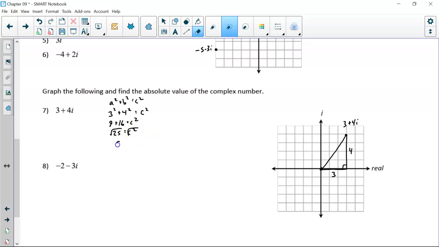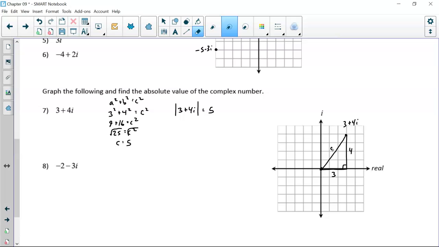Take the square root of both sides, so c equals... Now, it's the distance, so we're only looking at the positive square root, so that's why c is 5. So the absolute value of 3 plus 4i is 5. That was the absolute value. That's the distance from the origin.